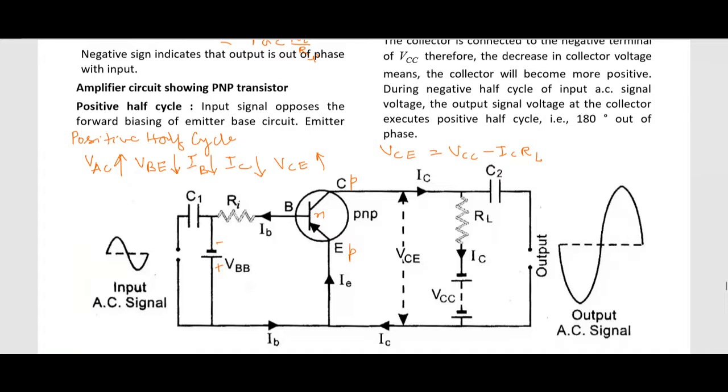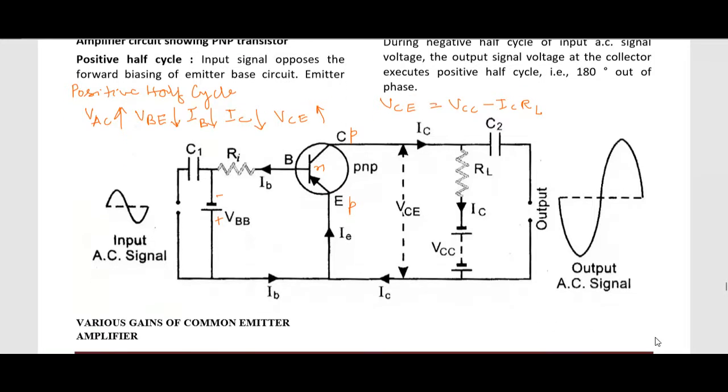For negative half cycle, here we will argue for negative half cycle. For negative half cycle, VAC will decrease.